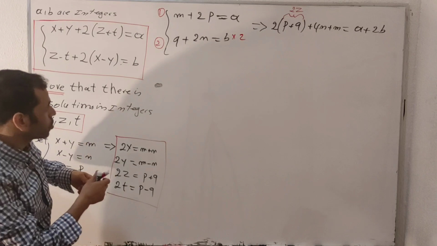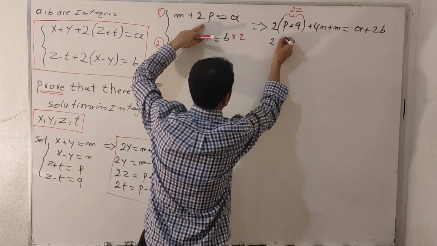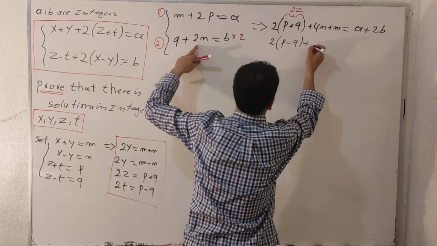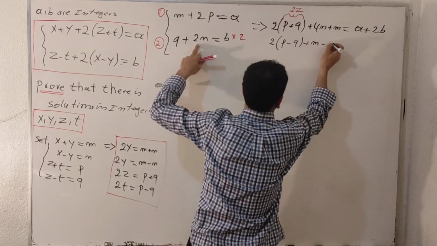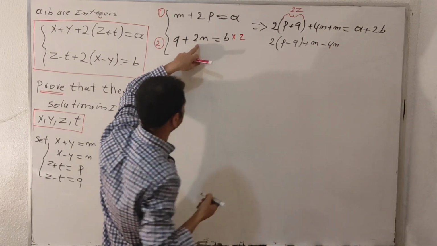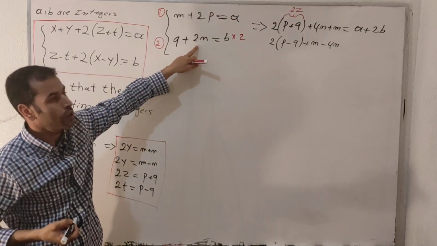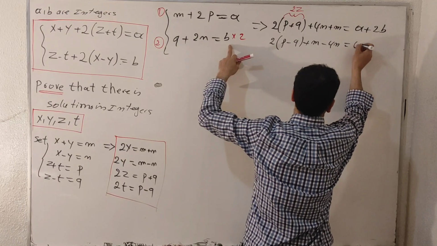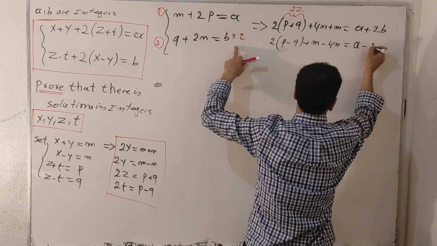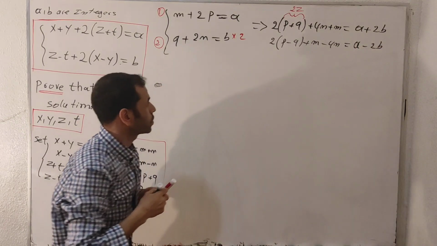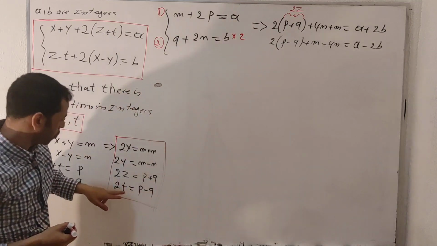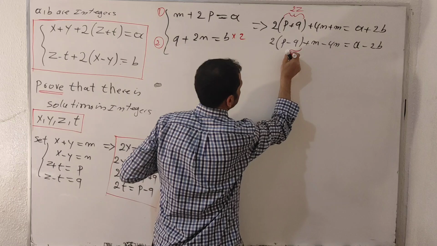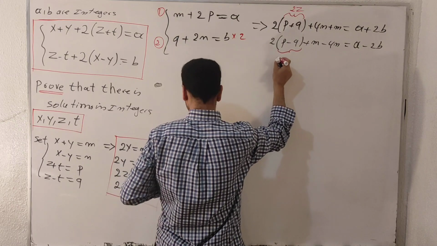So I will have 2 here as before, 2 times p minus q, and m minus 4n because it was multiplied by minus 2. The right hand side of this equation becomes a minus 2b. Also I know p minus q equals 2t, which means I'm going to replace this with 2t.